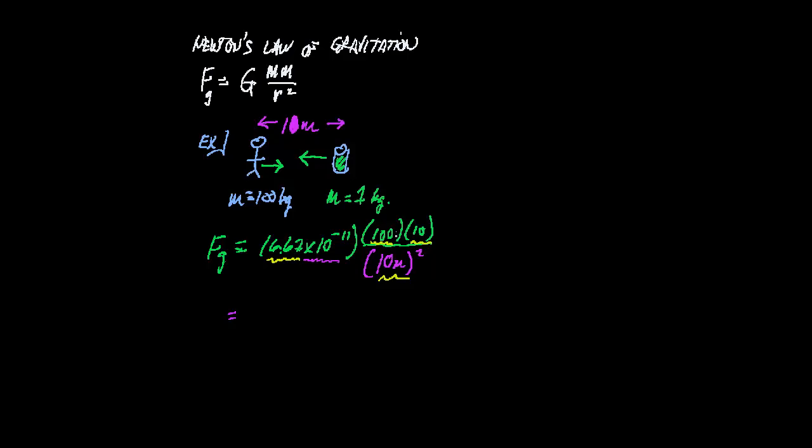So 6.67 times 100 times 1, divided by 10 squared, which is 100, so that's times 1. This becomes 66.7. And then what I do is just add the scientific notation to it. So that's a quick and easier way, I think, to deal with scientific notation. You leave the answer that way, that's fine.